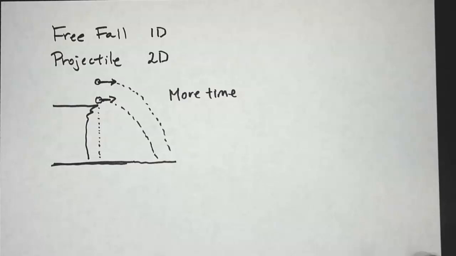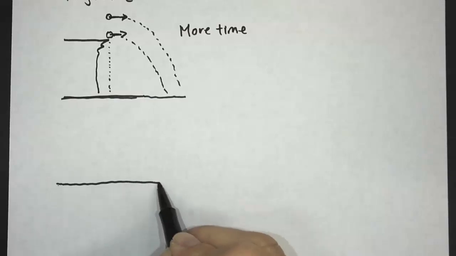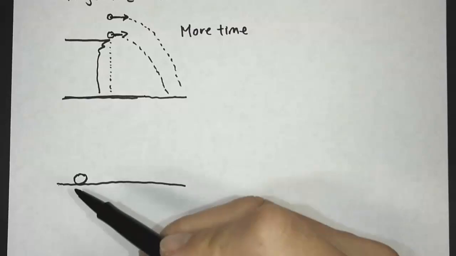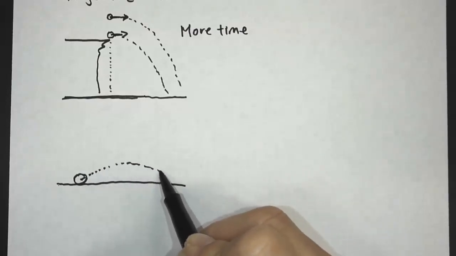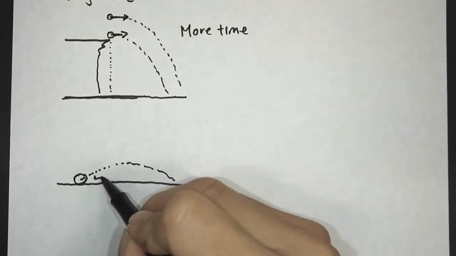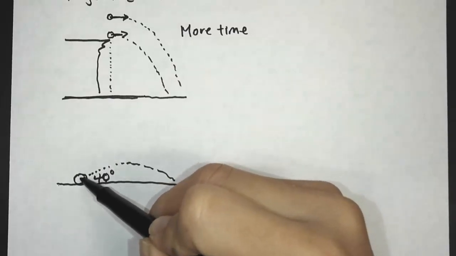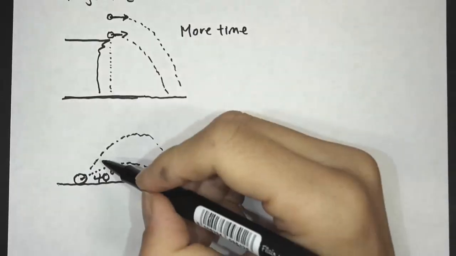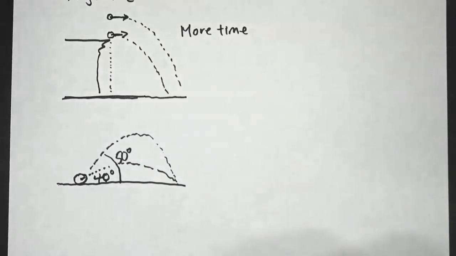Now let's take a look at objects that are launched at an angle. This could be like a soccer ball that you kick. What's interesting is that if you were to kick this at 40 degrees, and you were to kick it at 50 degrees, with the same launch speed, it turns out they will have the same horizontal distance.